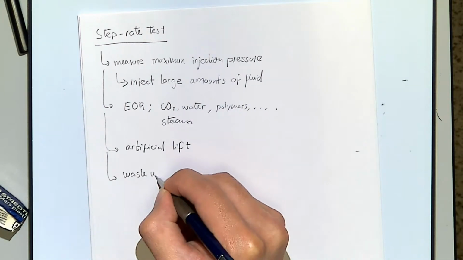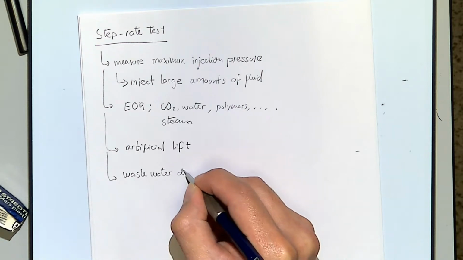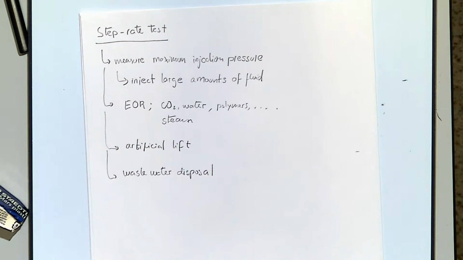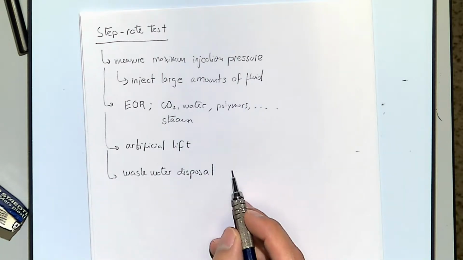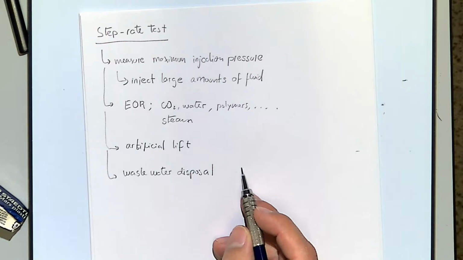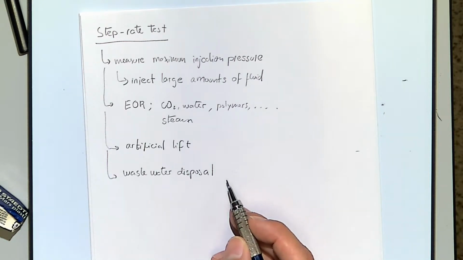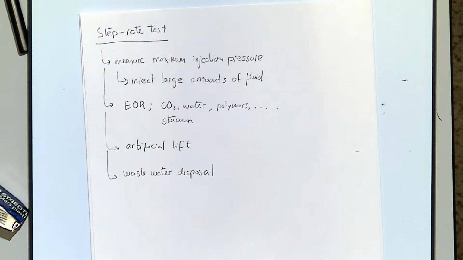So with wastewater disposal, notice that the larger the amount that you inject, the more money you earn, right? Because you're charging your service for the amount of injected water. So if you're charging for the amount of injected water, you want to have high rates of injection, and you want to inject as much as possible.